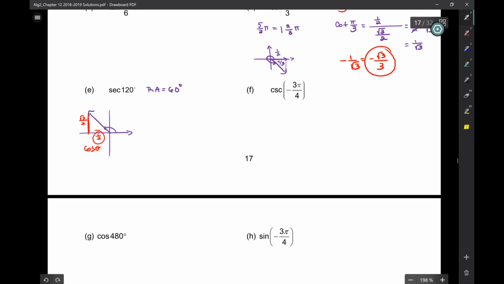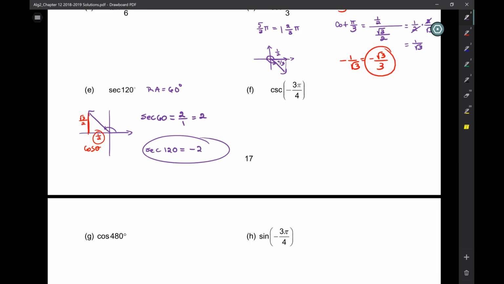That means secant is 2 over 1. Now, secant goes with cosine. Is cosine positive or negative here? Negative. So secant of 120 is negative 2.